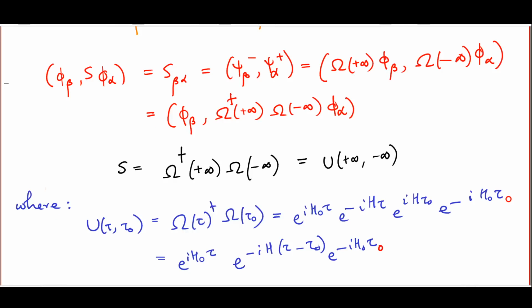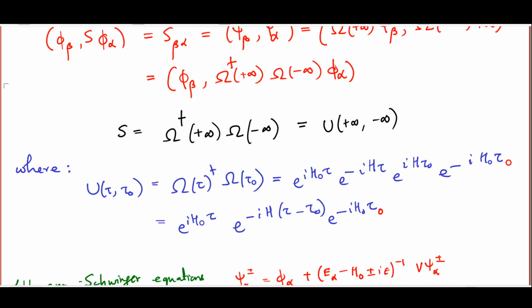Now the Moeller operators provide us with one way of connecting the in and the out states with the free particle states. The other approach, as I have already mentioned, is via the Lippmann-Schwinger equations. I say equations basically because there are two, one for the in states, the other for the out states.